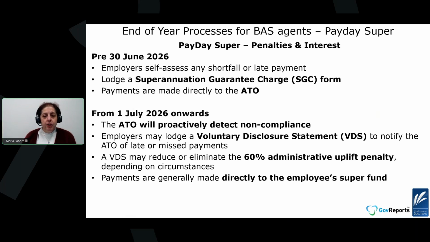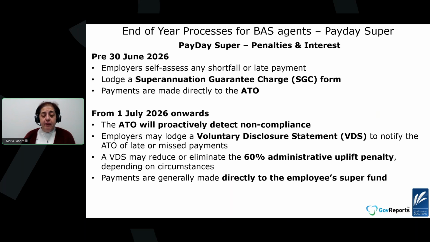So as I mentioned, the penalties and interest is dependent on if the employer, there is no requirement to do the superannuation guarantee charge form anymore, but they've replaced it with this thing called a voluntary disclosure statement. So you can notify the ATO of a late or missed payment, and then they can use their discretion to reduce or eliminate the 60% administrative uplift penalty.